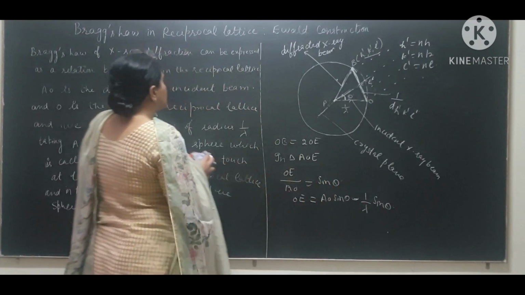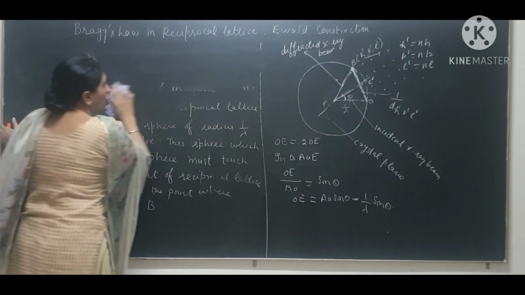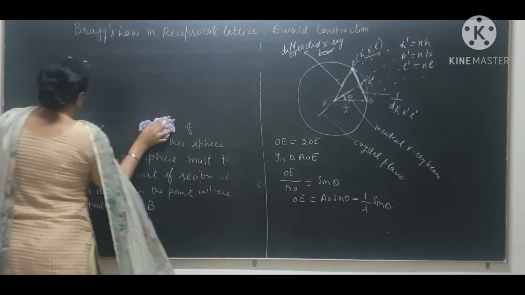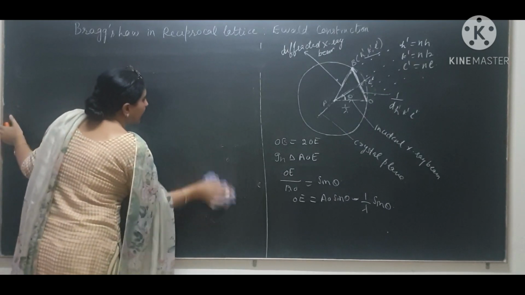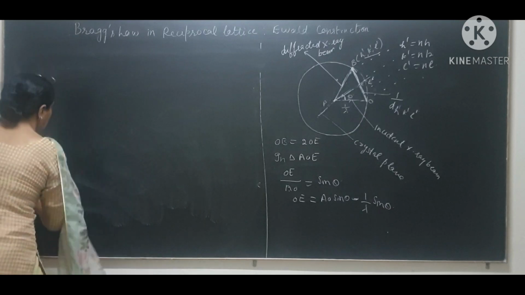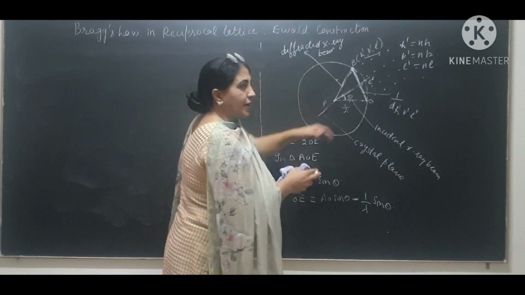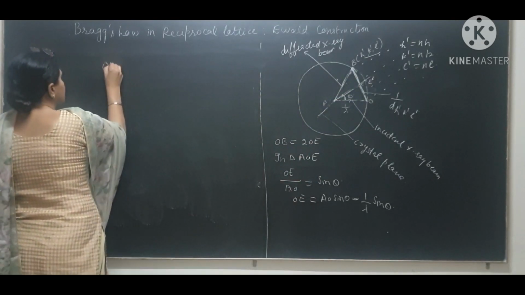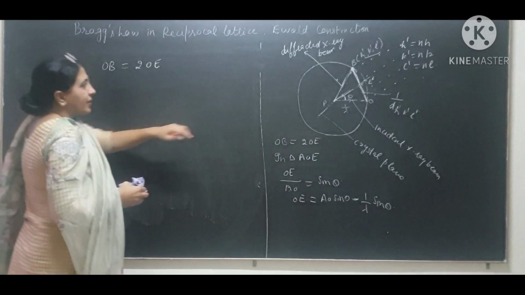Clear? Also we know that if this is a circle, OB is the chord, or you can say OB is equal to 2 times OE. From the diagram it is clear that this angle is also theta.